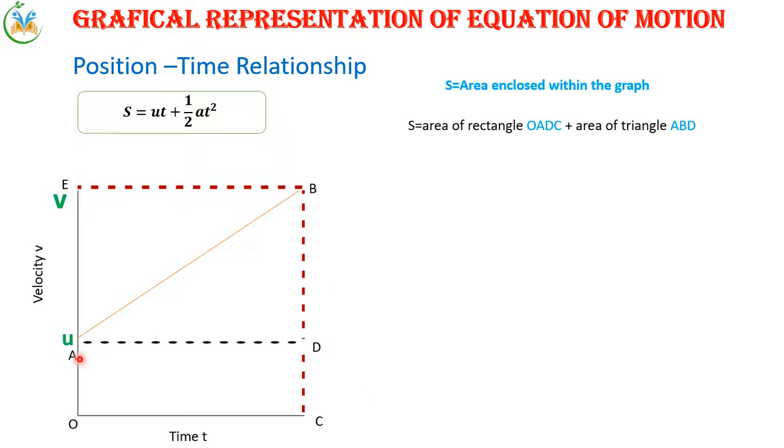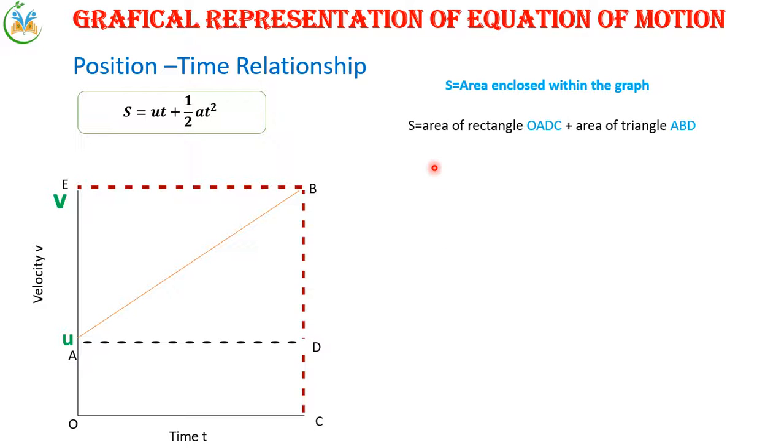There are two parts: one is the rectangle AOCD, and the second is the triangle ABD. How will we calculate the area under this graph? We calculate this triangle area and this rectangle area, then add the two, and we get the total area under the graph.